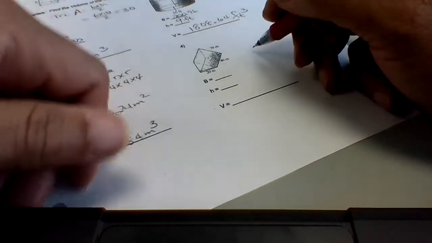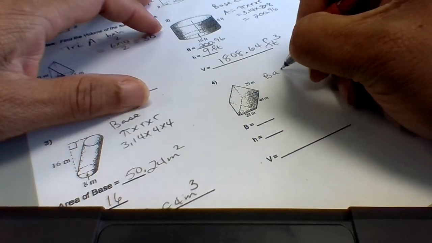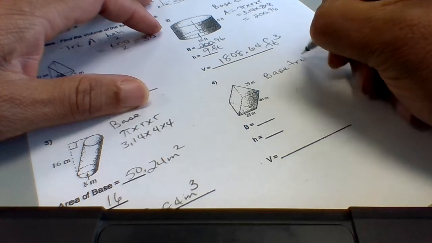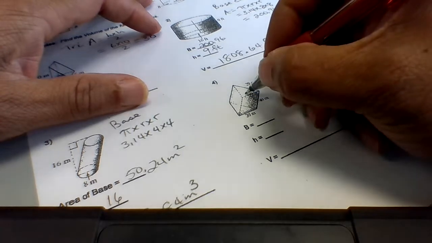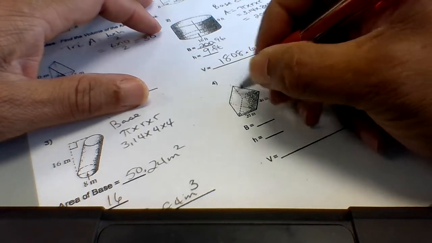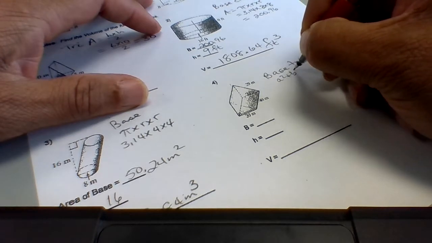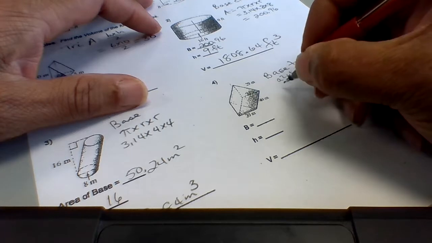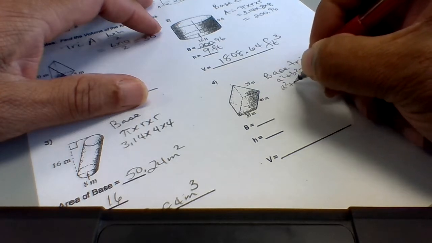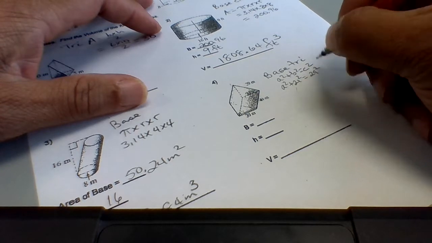And the next one, the base is a triangle. But I know two sides of it and I don't know the other side. So this is 20. I got to find this side. So a squared plus b squared equals c squared. A squared plus 21 squared is equal to 29 squared.